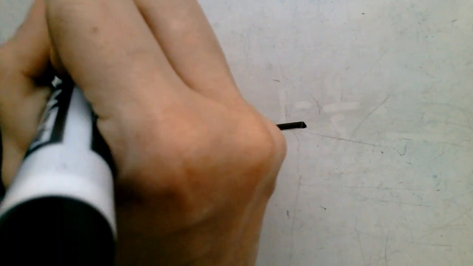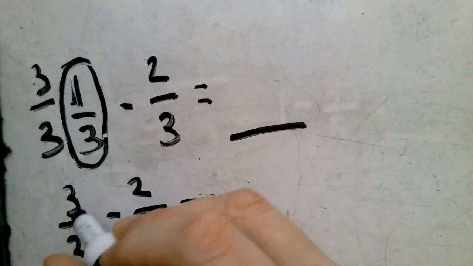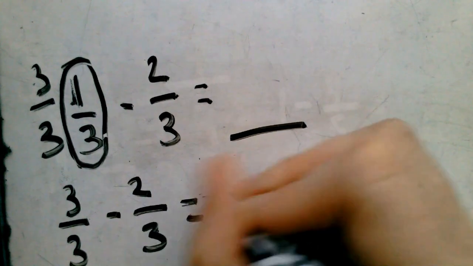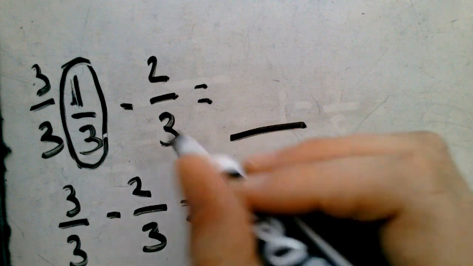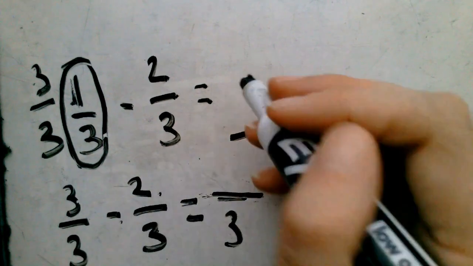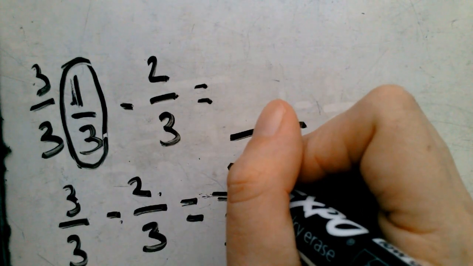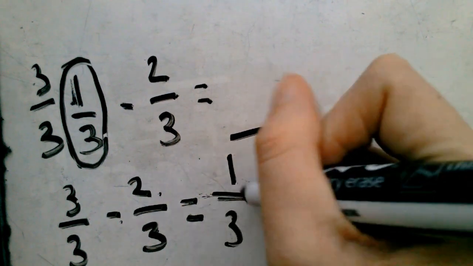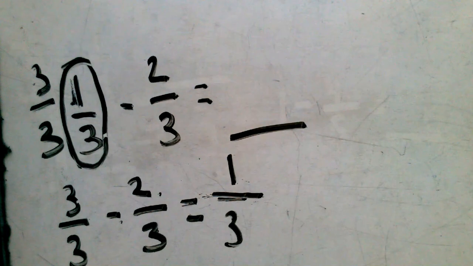We can't forget our 1/3. We'll use that later, though. So let's circle it so we remember. If we take 2/3 away from 3/3, our denominators are both 3's, so we keep it the same. For our numerators, we just need to do 3 minus 2, which is 1. Now we have 1/3 over here, but we still left with our other 1/3.